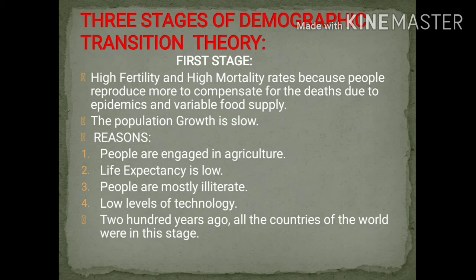And it has been found that 200 years ago all the countries of the world were in this stage. Now we have only a few countries in this stage, otherwise we don't have so many countries in the first stage. But 200 years ago all the countries were in this stage, where there is high birth rate and high death rate because of all these reasons which are mentioned.